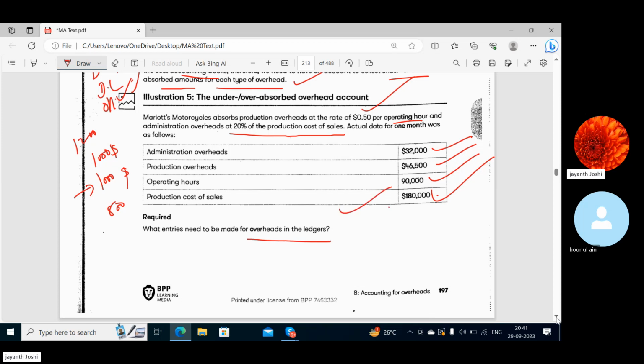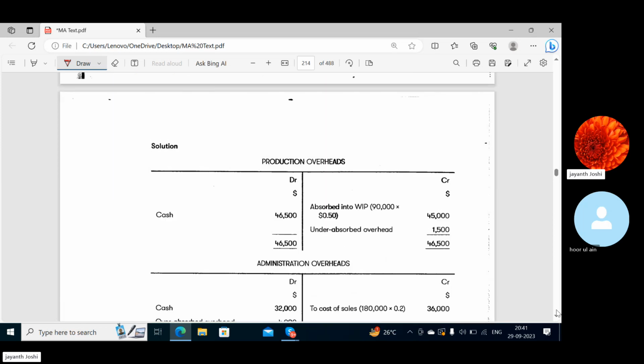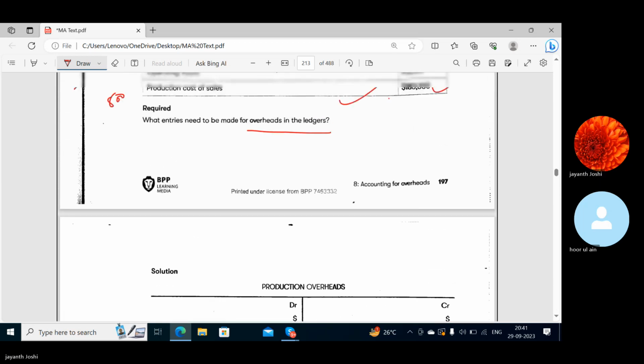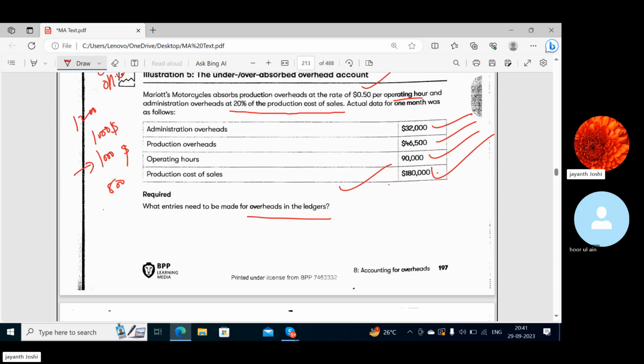So we'll make the overheads accounts, starting with production overheads. We'll see what is given: production overheads, administrative overheads, and production cost of sales, and the amounts. What is the entry for administrative expenses? Administrative expenses to cash.